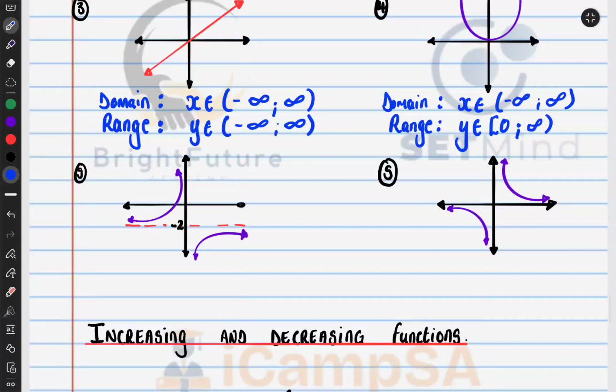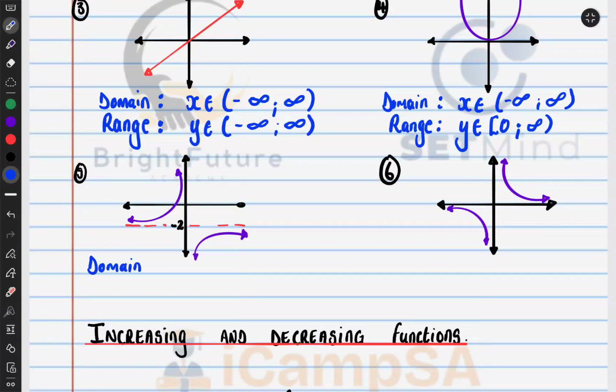Okay, and then next we have number 5 and number 6. This one, number 6. Okay, so the range for this function, we are dealing with the hyperbola. Sorry, the domain for this function, we're dealing with the hyperbola.